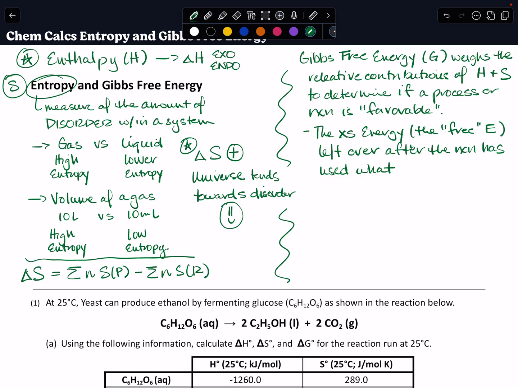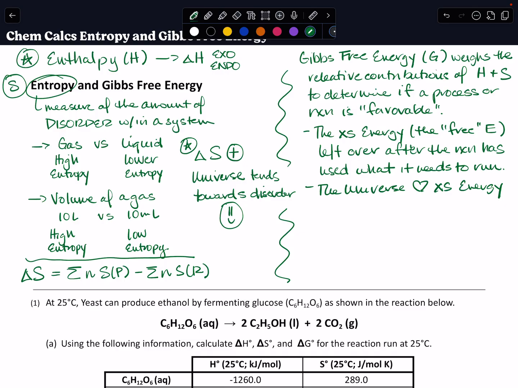And this could also be a process, like a change of state or something, but I'm going to focus on reactions. Has used what it needs to run. All right. The universe loves excess energy. It's going to convert that excess energy and do something else with it because we know it doesn't get destroyed, but it's going to use it for something else.